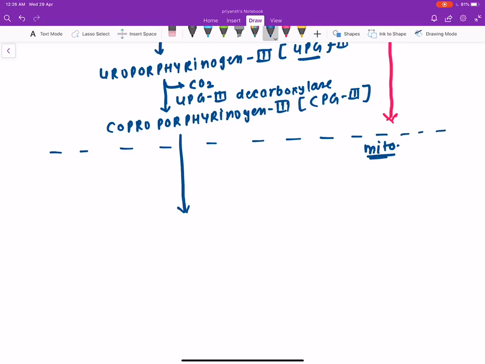In the mitochondria, there is an enzyme called coproporphyrinogen 3 oxidase, or I can say coproporphyrinogen oxidase. It will generate a molecule called protoporphyrinogen.